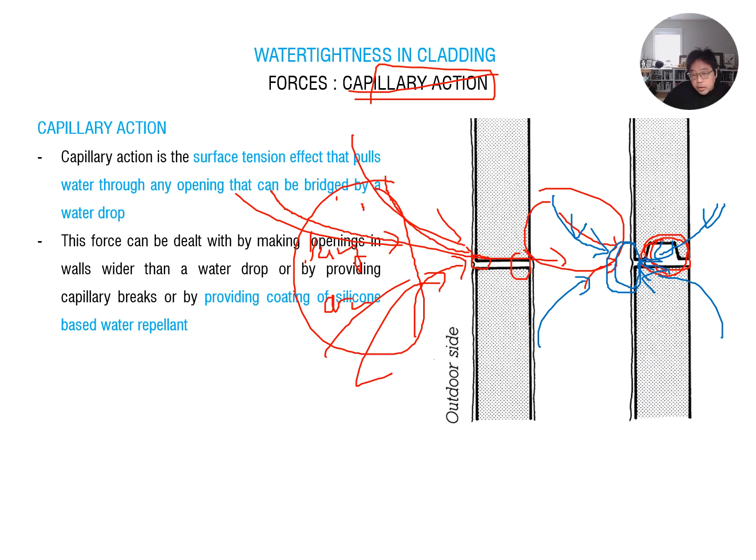That's why the air does not come into this assemblage, so water does not come into this place. Therefore, when designing your cladding, you also have to consider this capillary action by making another cavity space that pushes air from inside to outside to protect against water.